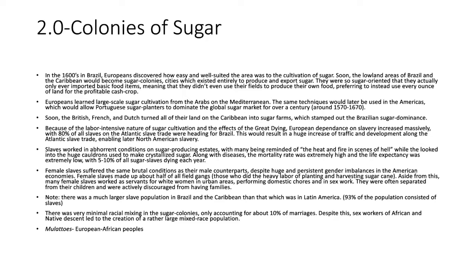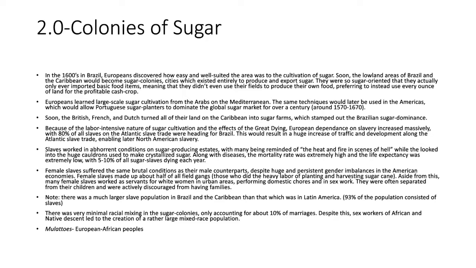Paired with diseases and working conditions, mortality rates were extremely high and life expectancy was extremely low, with 5 to 10% of all sugar producing slaves dying each year.